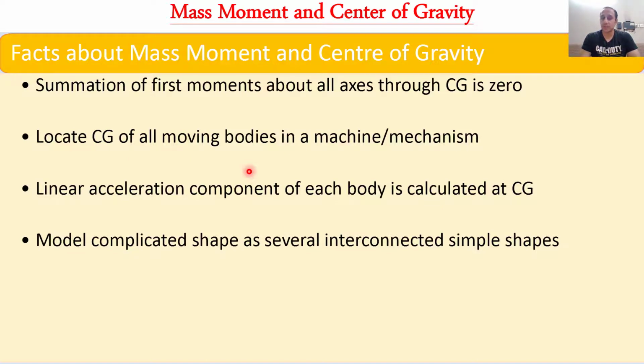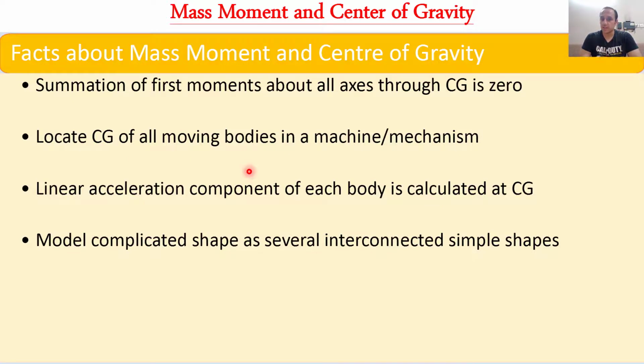These are the different properties we need to calculate before carrying out the dynamic analysis. To calculate those parameters, we need to locate the CG, and to locate the CG, we need to convert the complex shapes into simple shapes so that we can apply the already developed mathematical formulas.